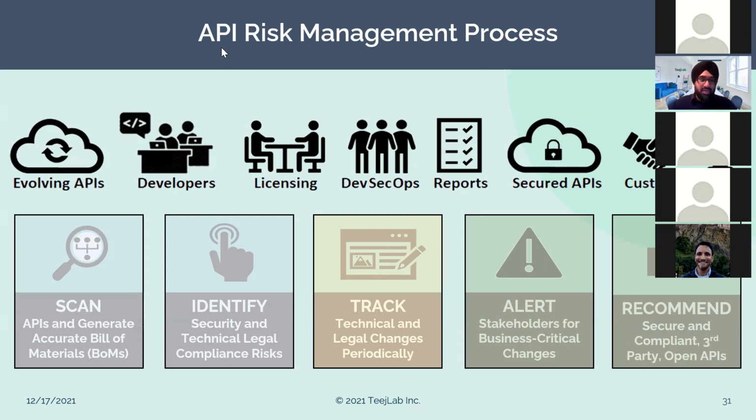If you have paid attention, in the beginning of this year there was a presidential order which talks about software supply chains. Your software supply chain bill of materials is not complete without disclosing what your API ecosystem looks like. Who are the vendors? Where are those vendors deploying their APIs? Are these internal APIs? If these are internal, how do you access them? Having the ability to scan your ecosystem, and to discover and list your APIs in a way that brings visibility to your organization, is the beginning of your API risk management.